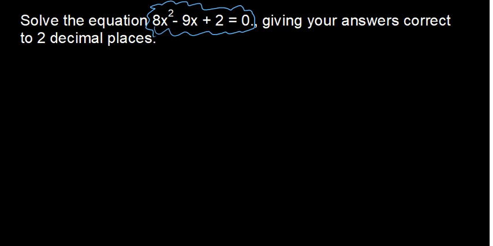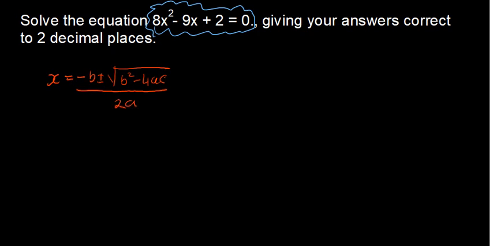Of course, you're looking for the values of x, so x is equals to minus b, positive or negative, the square root of b squared minus 4ac, then divide everything by 2a.